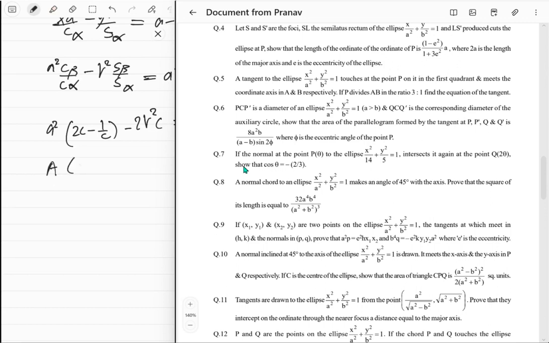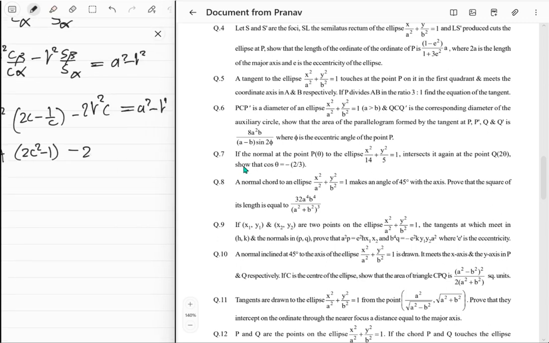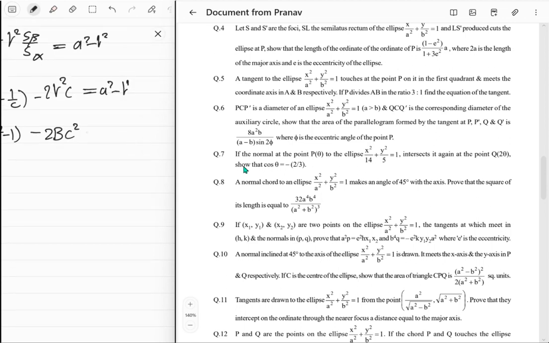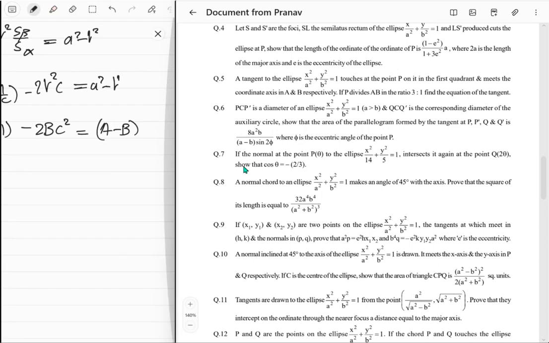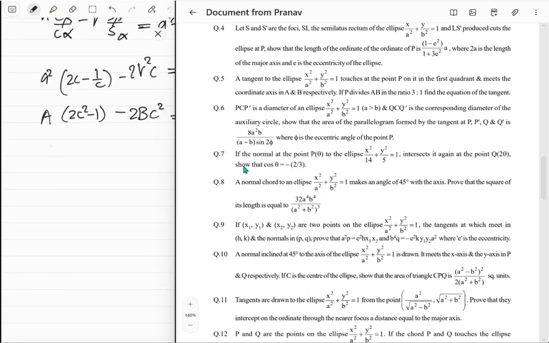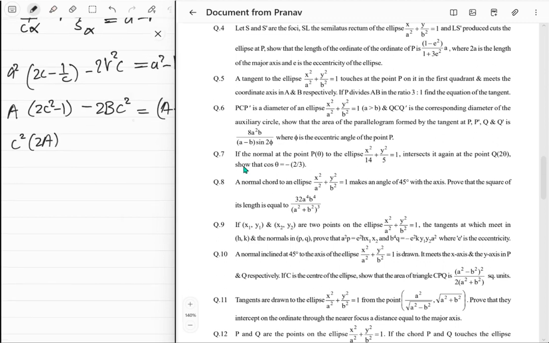Okay, so capital A times 2c square minus 1 minus 2 capital B times c square is equal to capital A minus capital B times c, so that cosine goes with c square times 2 capital A, then for the cosine, minus 2B.